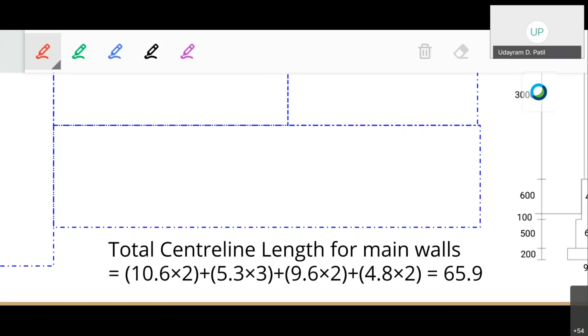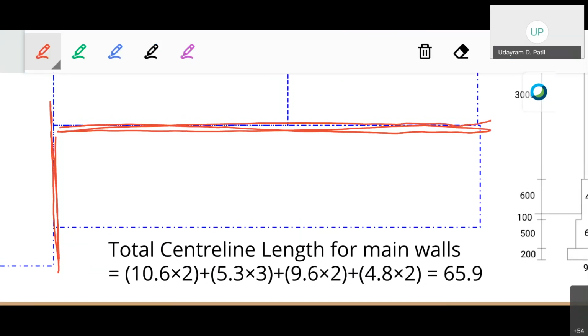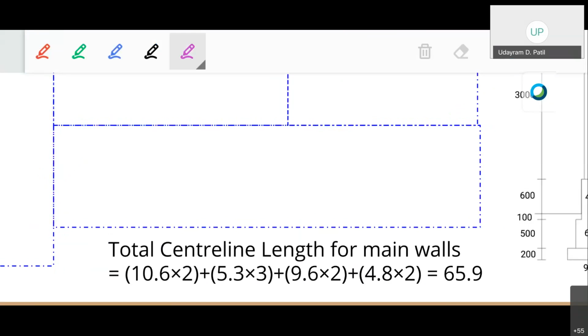In the calculation, this particular wall and this particular wall have already been considered. So we have to deduct the half width from this particular wall, as well as half width for this particular wall. We have taken the total center line length.